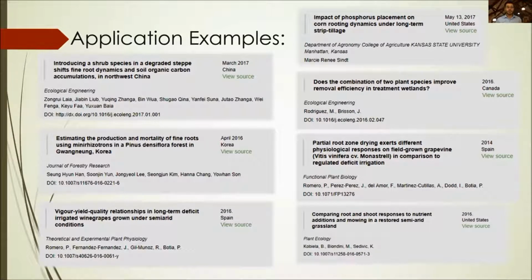These applications are a wide variety. Here you can see they're across the globe, from China to Spain to the United States. They're interested in a whole host of different species and effects, including shrub species. You have a lot of grape studies as well. It can be used in wetlands, and there are studies in permafrost and the tundra, which we'll see in a little bit.